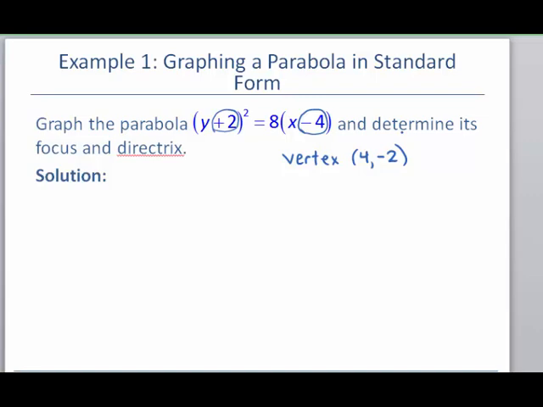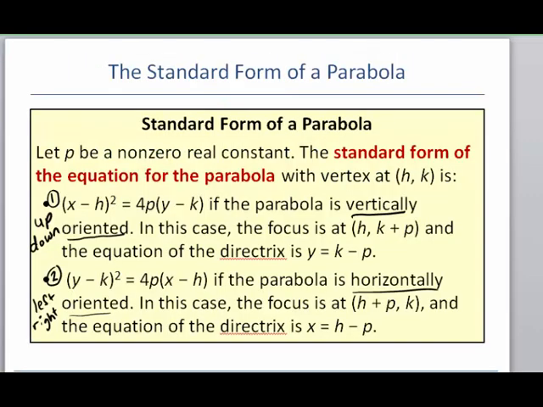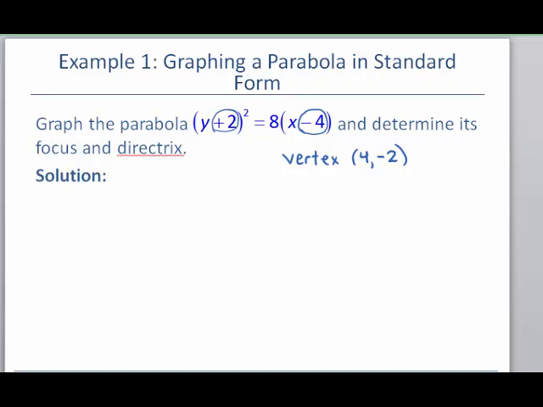Now, the next thing that I need to determine is how the parabola opens. So I notice that the y value is squared. So I'm going to go back to my formula and look. If the y is squared, then the parabola either opens to the left or to the right. Now, how do I determine which way it opens?